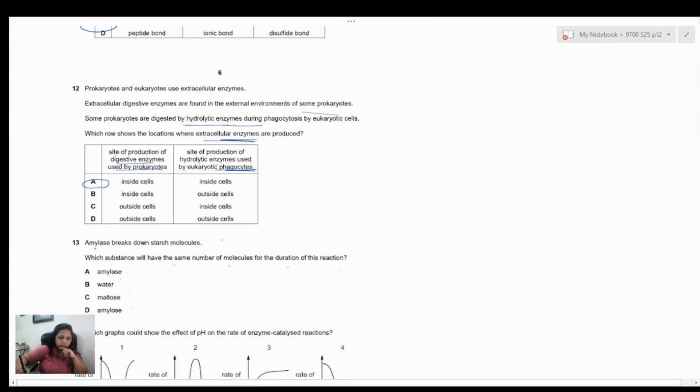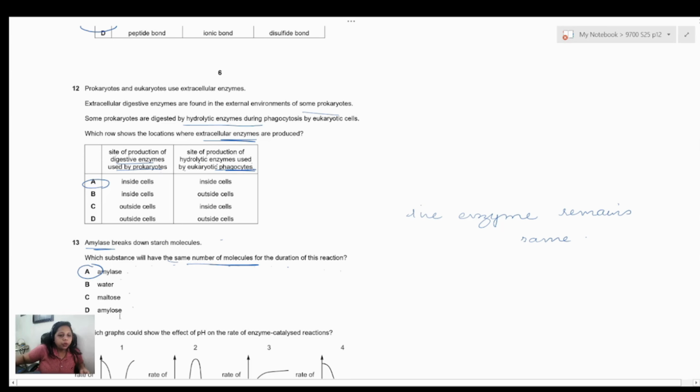So what would remain the same? The enzyme, or the concentration of enzyme, remains the same during the reaction. They are not used up, they are only there to speed up the reaction. So that enzyme that is going to exist is this amylase enzyme.